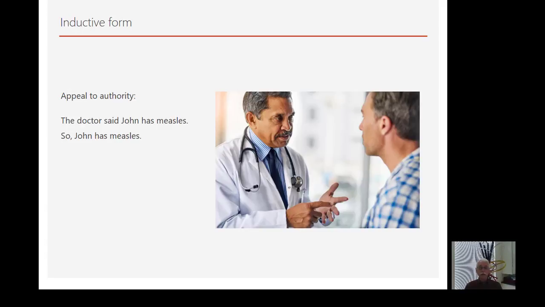So a typical authority in some situations might be a doctor. When authorities are speaking out of their area of expertise, you don't trust them any more than anybody else. If your subject is whether or not something is a rule in the game of Scrabble, you can't trust a doctor any more than your neighbor that you play Scrabble with.